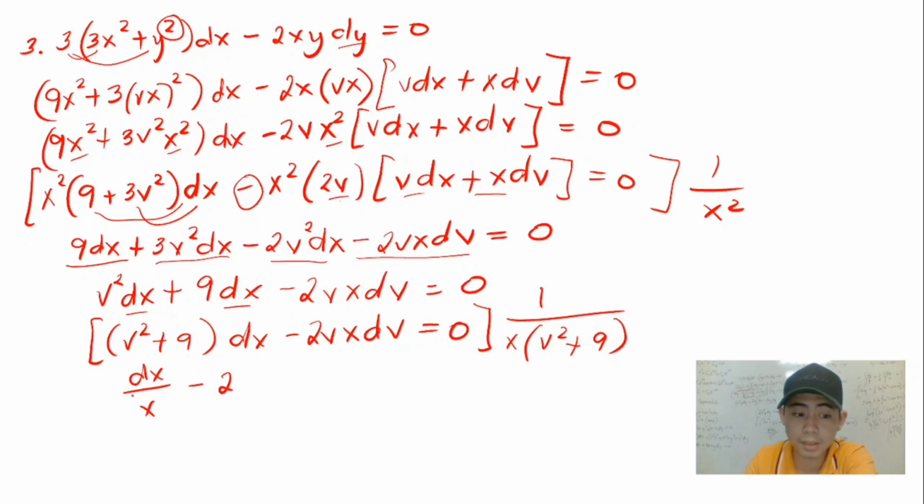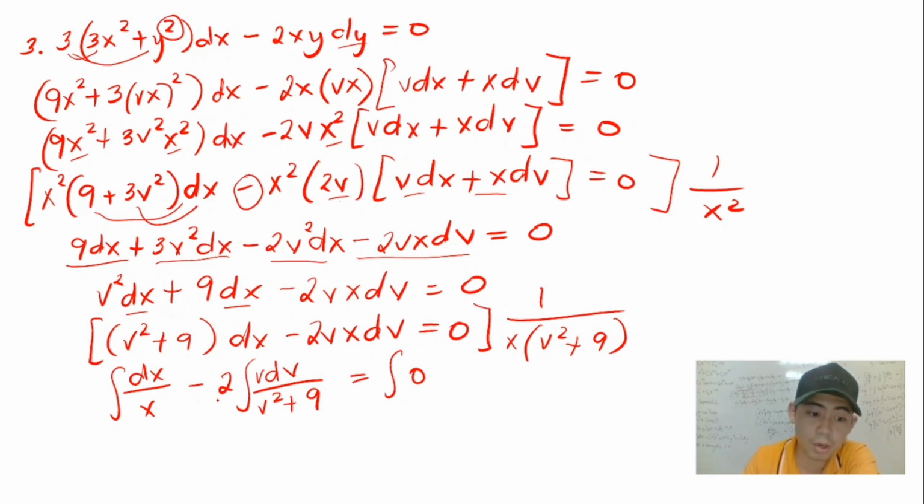Labas natin ng integral. So, the integral na to. Labas natin. So, v dv, v squared plus 9 is equal to the integral of 0. Okay? So, again, after we use a variable separable, that's the time that we integrate. Okay? So, si 2 constant, labas natin siya ng integral sign.